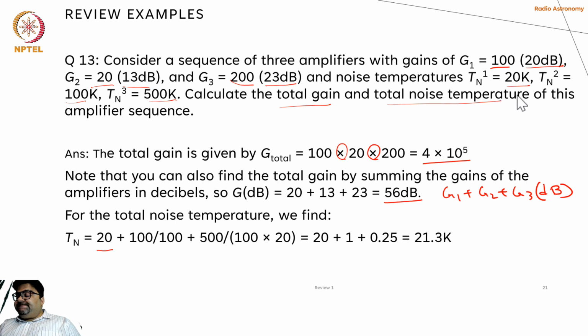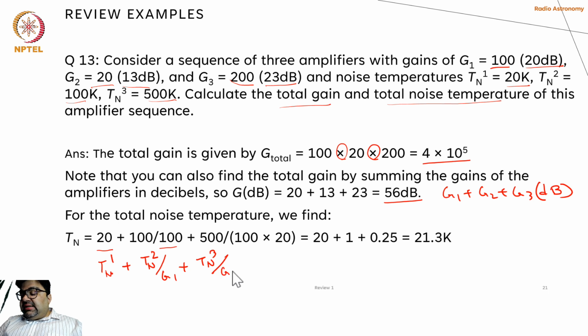That is Tn1 plus Tn2 divided by the gain of the first one. So it is like this: Tn1 plus Tn2 divided by the gain of the first one, plus Tn3 divided by the gain of the first multiplied by the gain of the second.